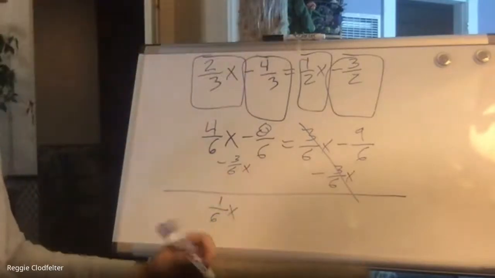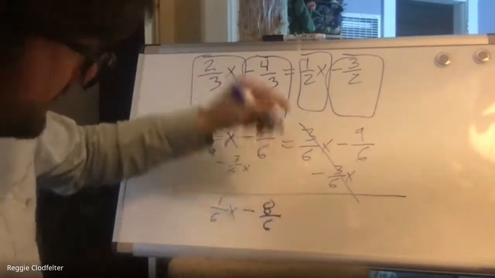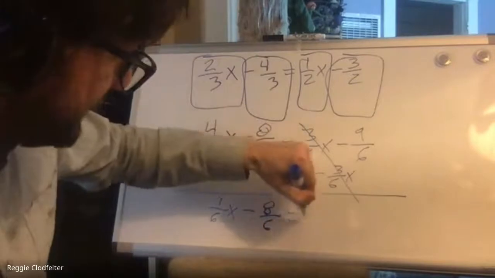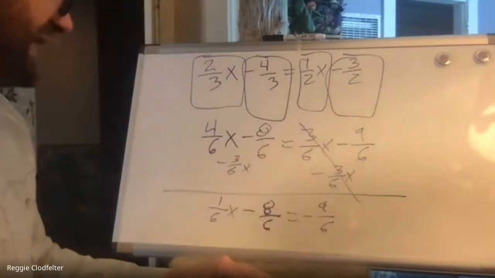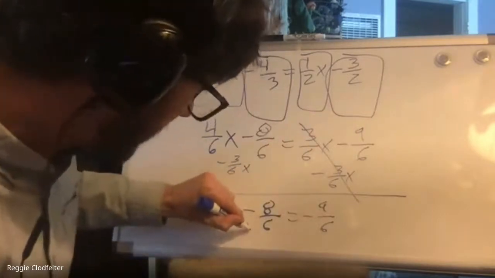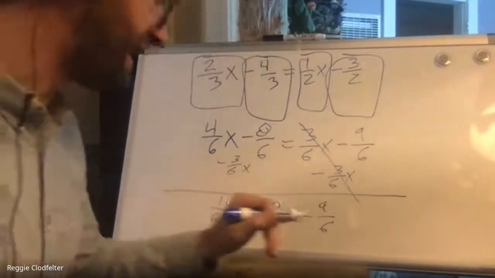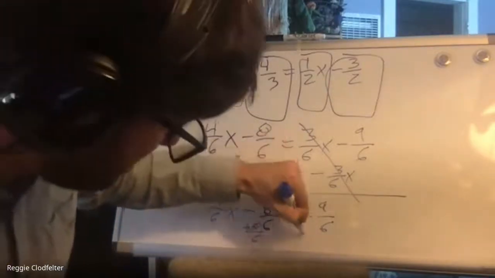So now I have 1/6 x minus 8/6 equals negative 9/6. Now I am going to add, because remember, I'm trying to get my x's on one side and the numbers on the other. I'm going to add 8/6 to both sides.